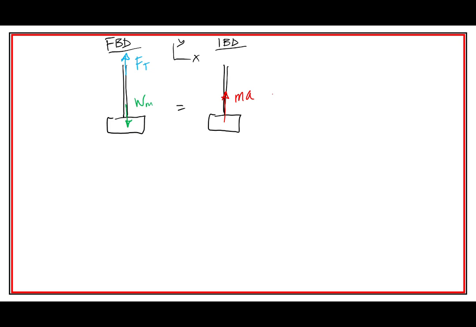And that acceleration, by the way, is going to be related to x equals x times the sine of omega n t, x dot equals x omega n cosine of omega n t, x double dot is going to be negative x omega n squared sine.